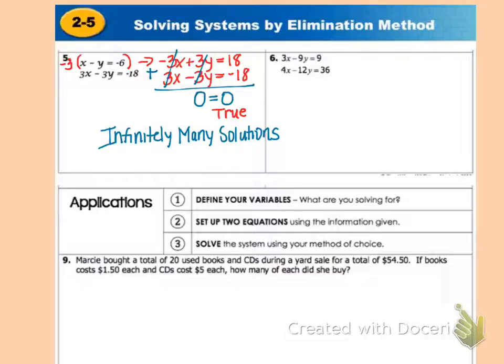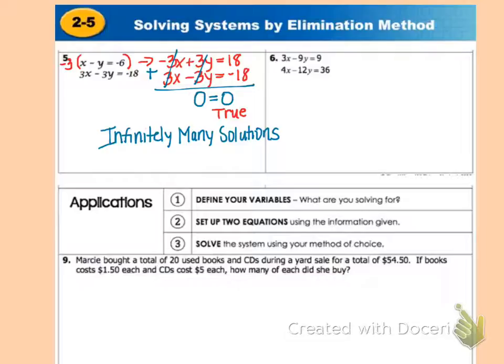Let's check out example 6. So again, I'm looking to see if the coefficients match up. Okay, I can see the x's don't match up. I can see the y's don't match up. So I'm going to pick one to target. If I target the x's, I have 3x as the coefficient in the first equation and then 4x.